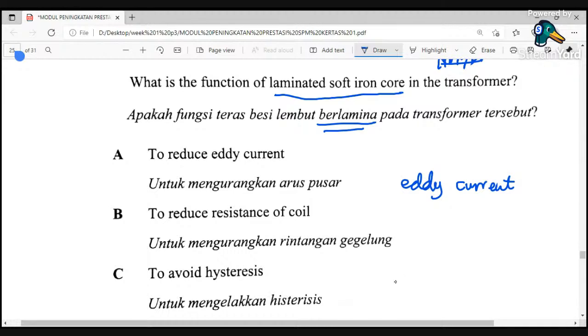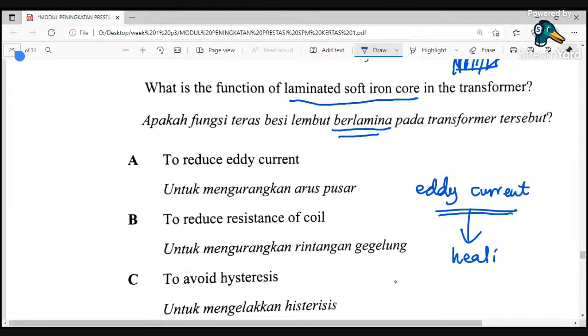Okay, in the soft iron core tu, also there is change in magnetic flux. So what happened? It will induce a small current that we call eddy current. So this eddy current in the core will cause the core to be heating up or become hot. So when become hot, it will cause energy loss as heat energy. Okay?